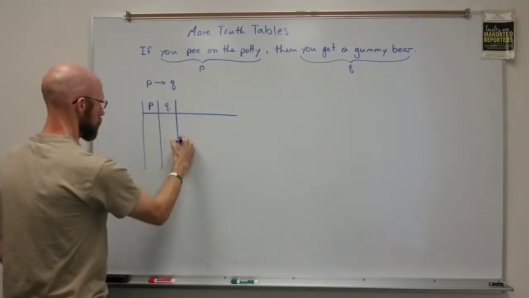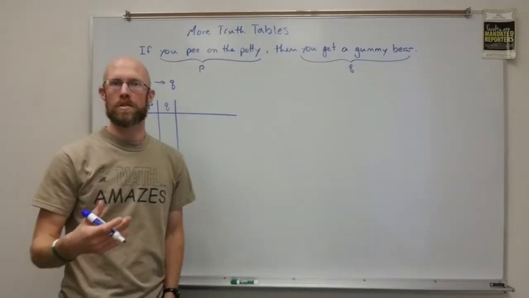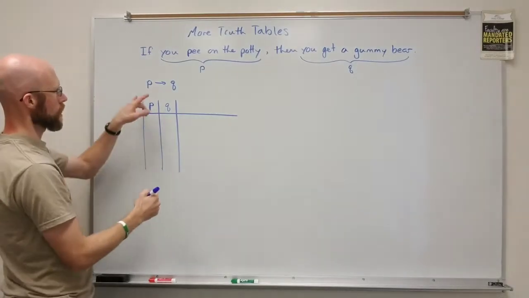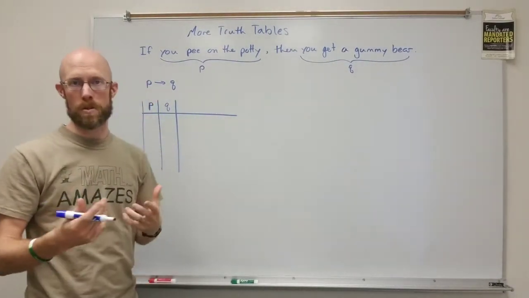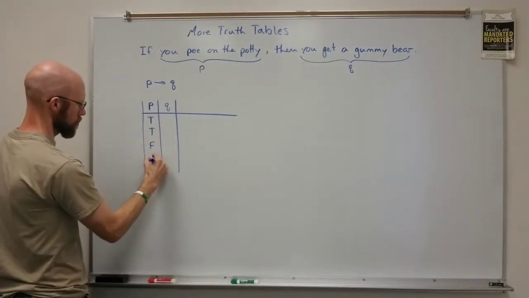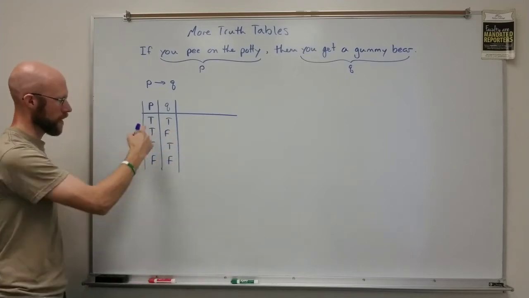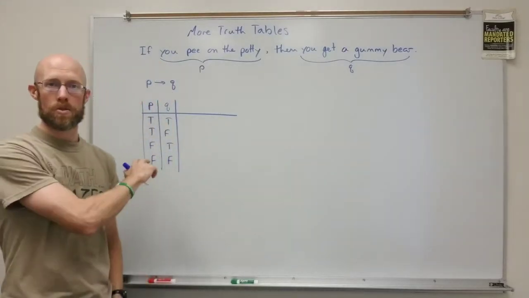This really doesn't start out any different than with negations, conjunctions, and disjunctions. You've got two statements, so you have 2 to the 2 power options, which is 4 again. We set it up true, true, false, false, and then true, false, true, false, and that gets us all of our 4 possible combinations for those 2 statements.